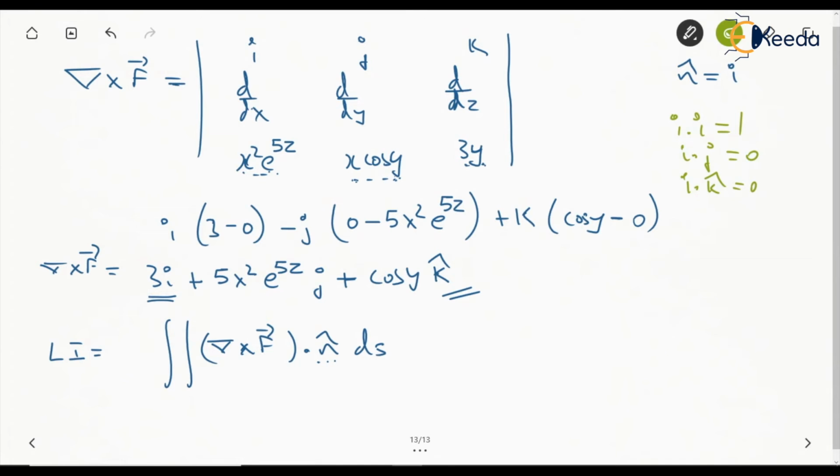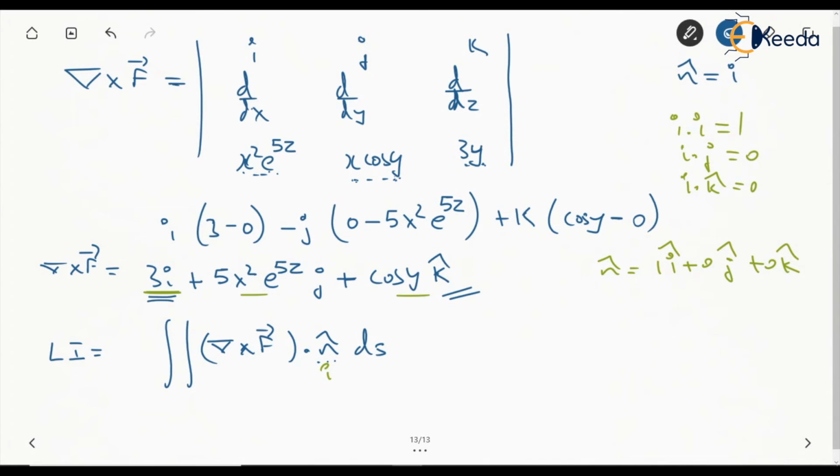That is, n cap is 1i plus 0j plus 0k, right?